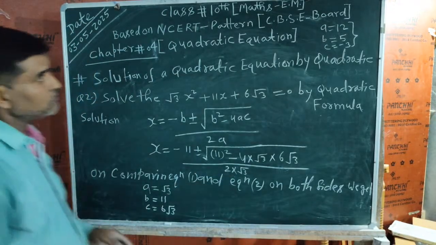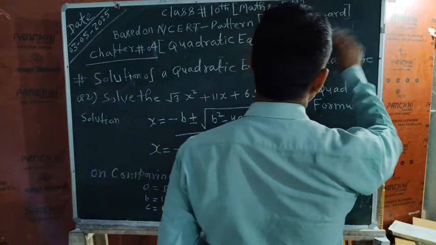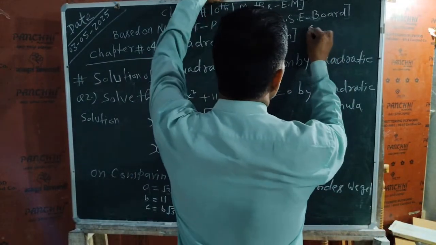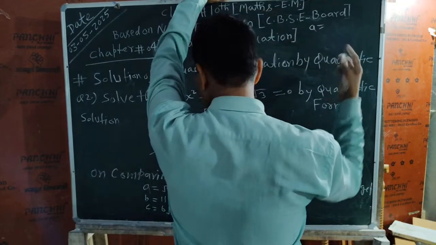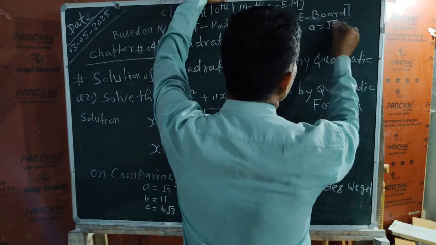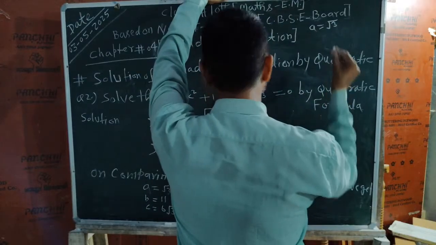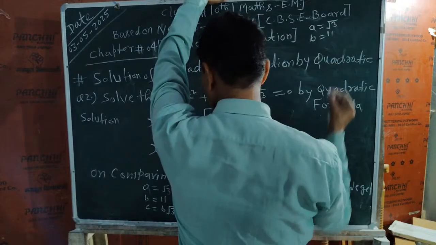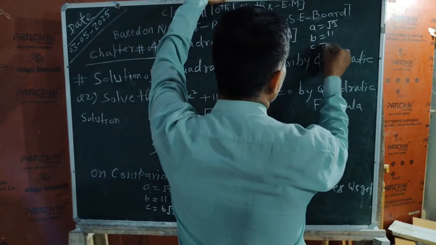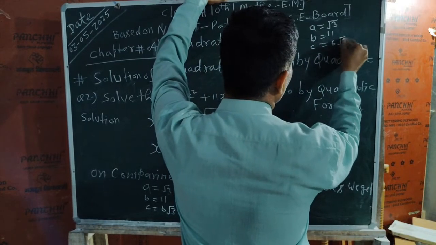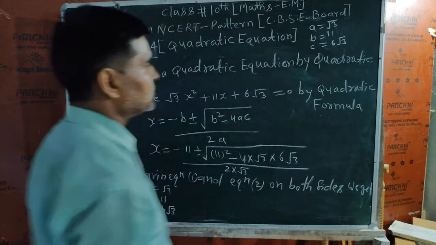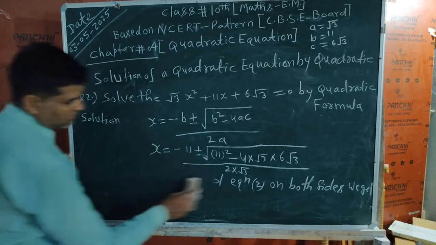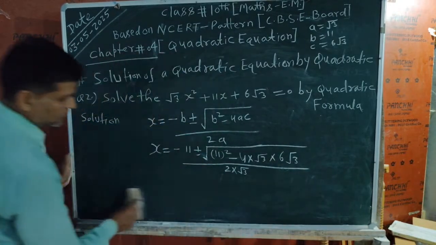Now I am going to erase this value, and these values I will save, because as per requirement I can write them easily. So here the value of b is 11 and the value of c is 6 root 3. Okay student, now I am going to erase this for further calculation.